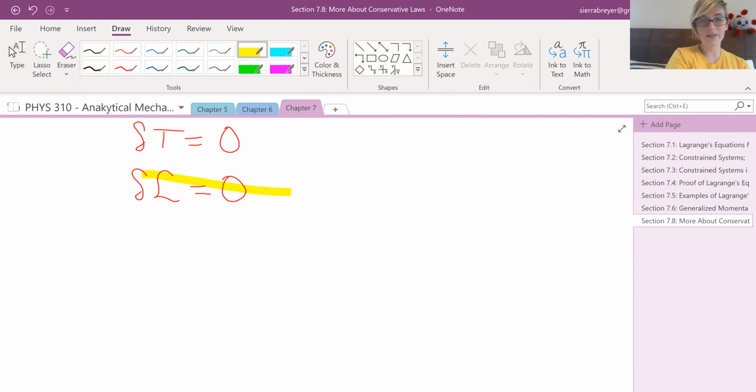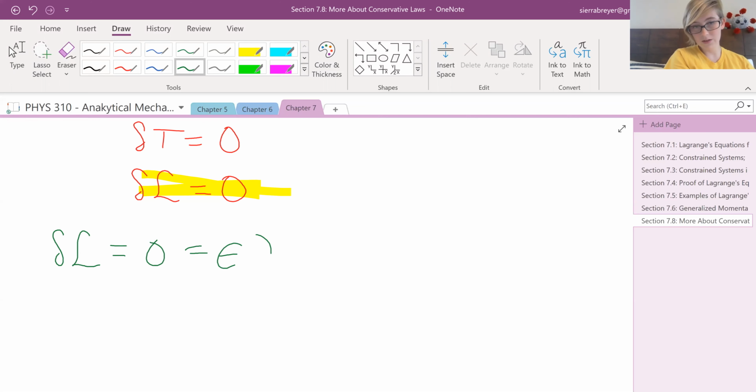So I'm going to highlight that, that way we all follow. All right, so let's start in on that. The delta of the Lagrangian we know is 0, so it equals 0. The thing we also know about it is that it would equal epsilon times the derivative of the Lagrangian with respect to the x coordinate of that R1 particle.